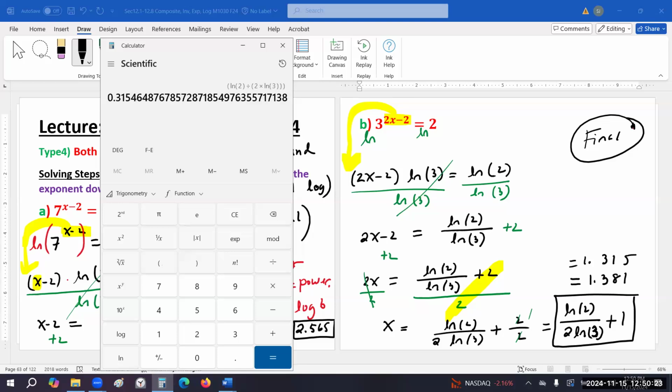I'm closing both parentheses. Look at what I have right now. ln of 2 on the top divided by 2 times ln of 3 on the bottom. With that result, I'm going to add 1. So plus 1, 1.315.